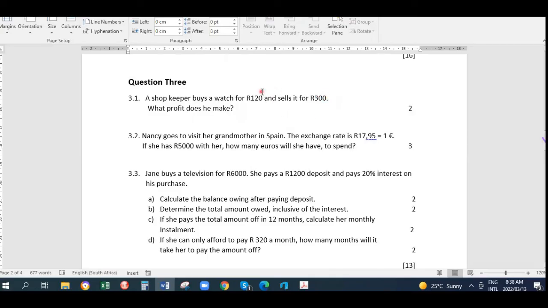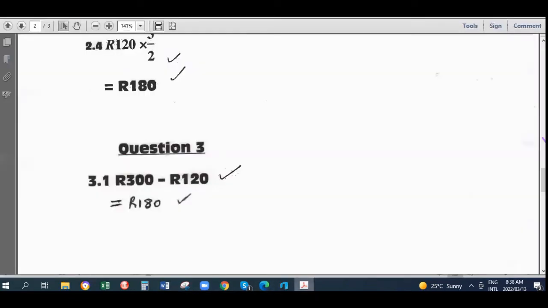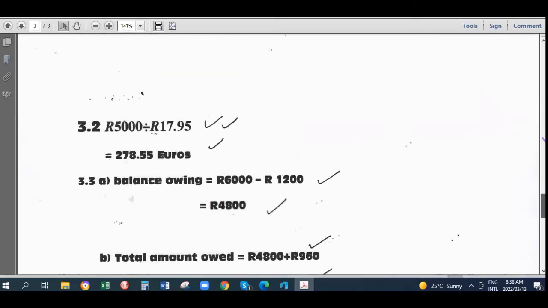So it's 300 minus 120, which is 180. He made 180 Rand profit.